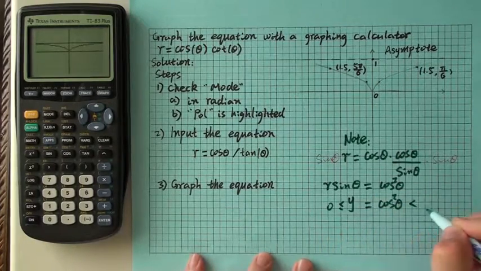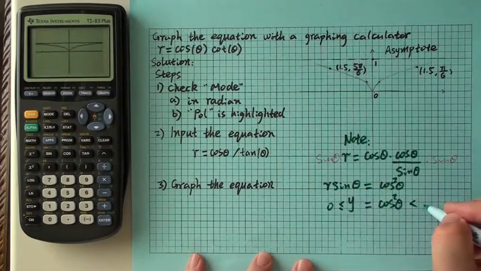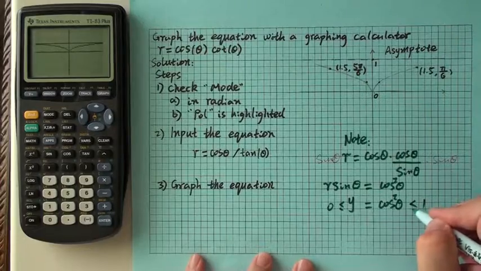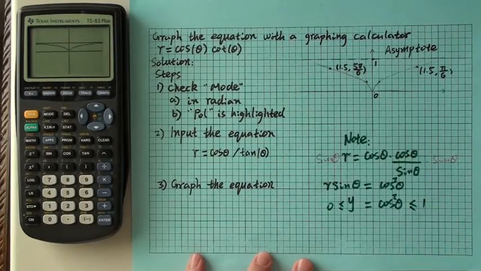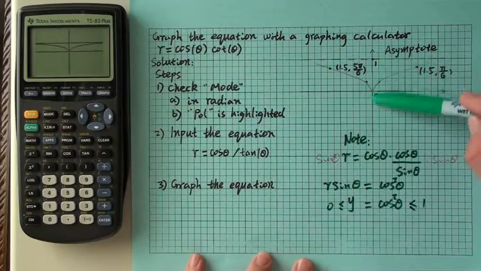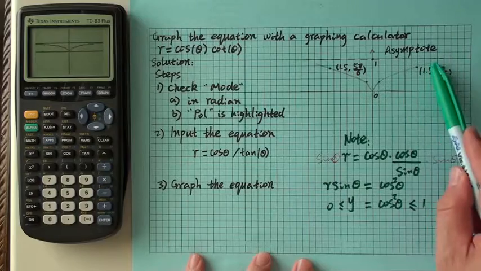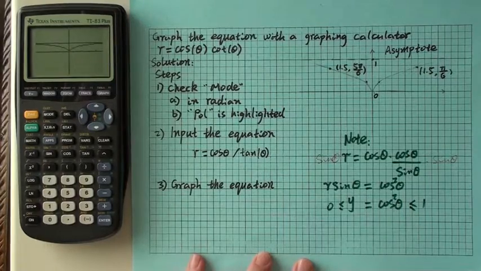And cosine theta squared is less than or equal to 1. So basically, it tells us y is in between this band. That's why we have a picture that looks like that. Please review this lecture. I'll see you next time.